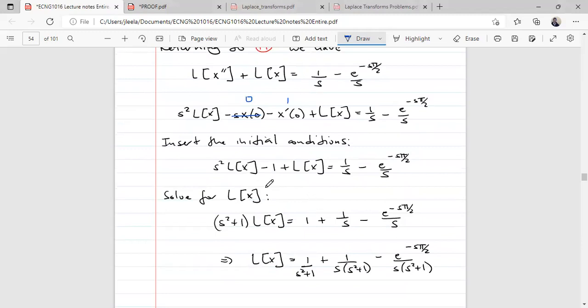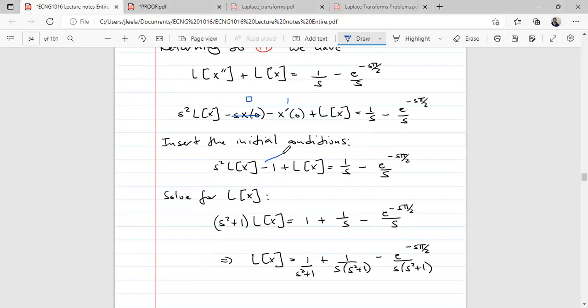So you factor the Laplace, you'll get s squared. You put the 1 on the right-hand side here.